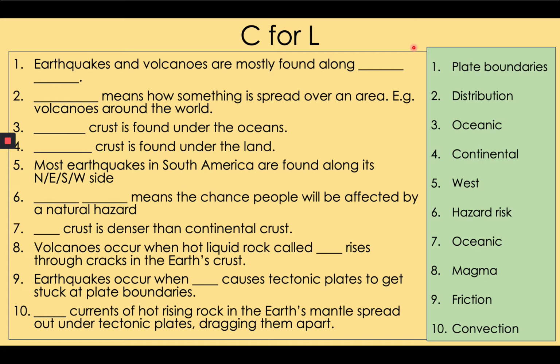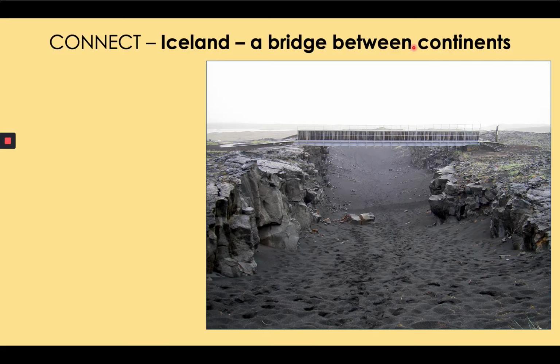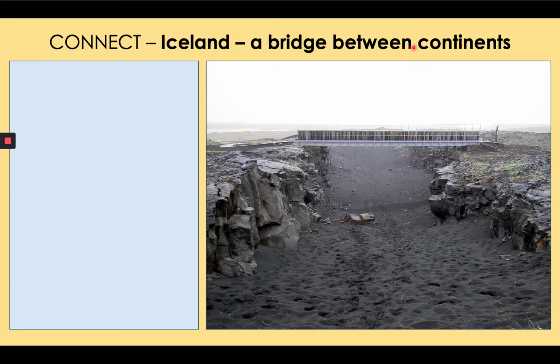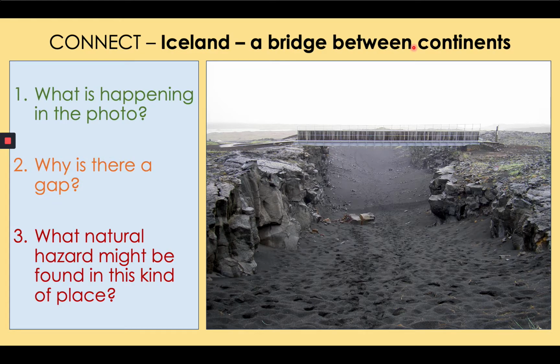To introduce this idea of plate boundaries, again, at the GCSE level, I'm going to show you a photo and some questions. Answer the questions using your understanding. Here's the photo. So number 1, what is happening in this photo?